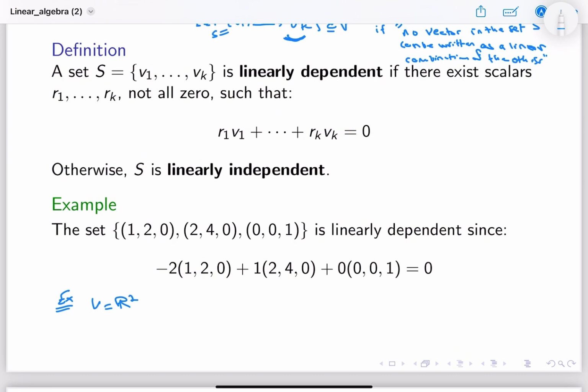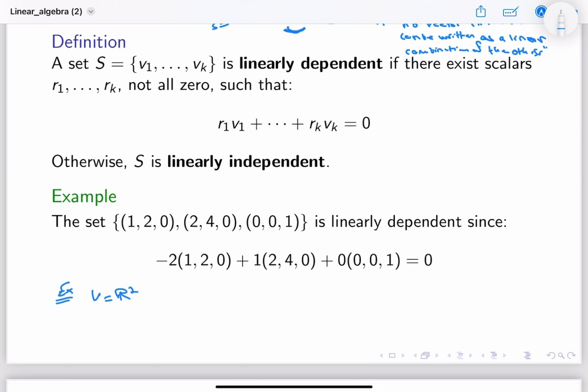So V is going to be the vector space R2, the set of all 2-tuples, right? So let's take the vector 1, 0 and the vector 0, 1, right? And the question is, is the set linearly independent? Well, if you look at this, can you write any of these vectors as a linear combination of the other?